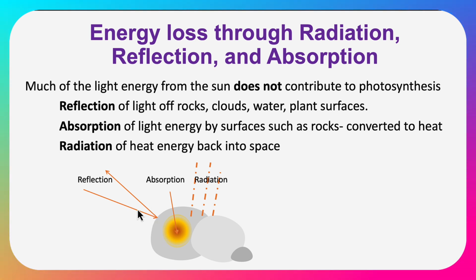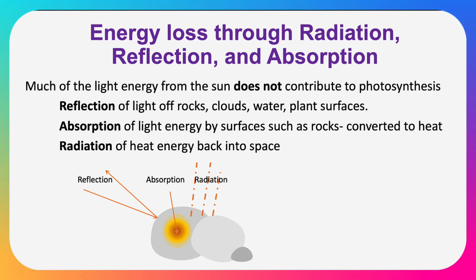And then, of course, that heat can then be radiated back into space. So all of these ways are ways in which the light energy is sent back out into space without actually being used for photosynthesis.